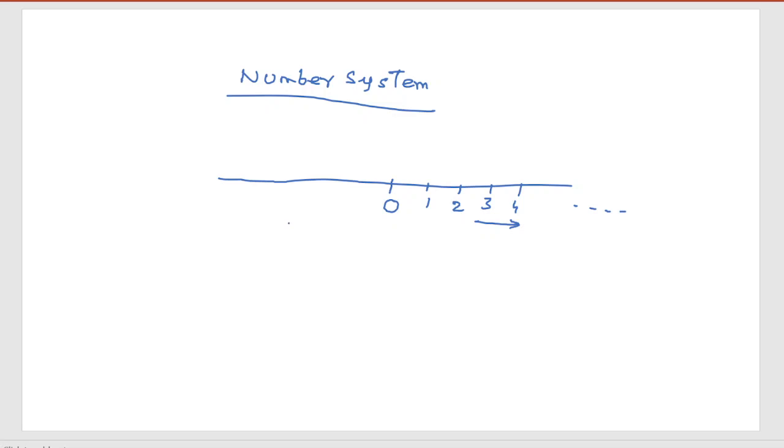If you go to the left side of the 0, we have the negative numbers -1, -2, -3, -4, and so on to infinity. These numbers are equally placed. Our question is whether all numbers are placed on this number line or not. So this is the number line.